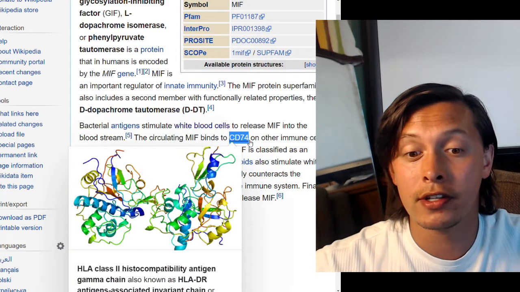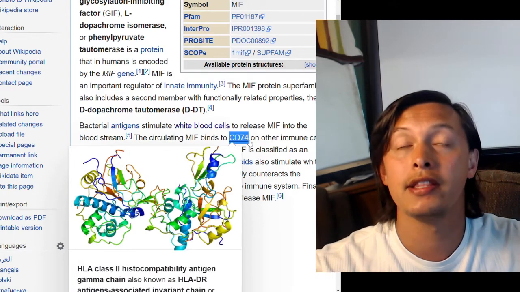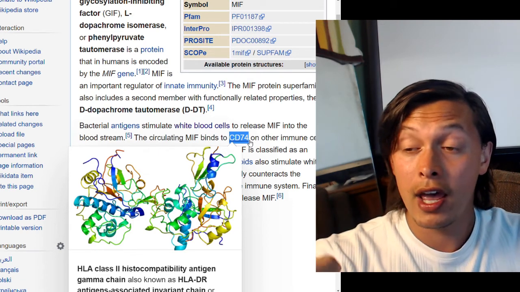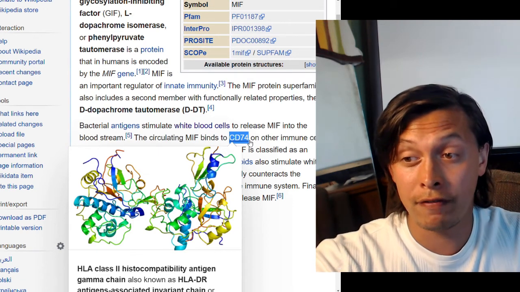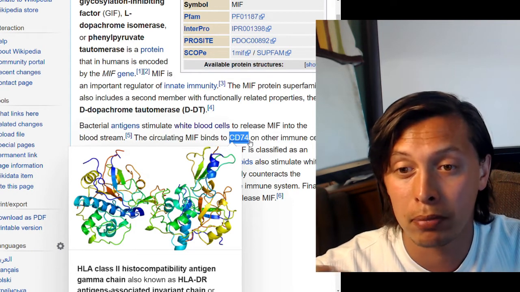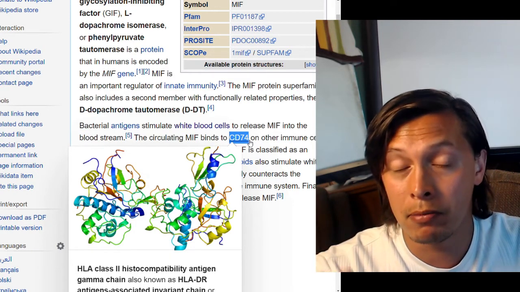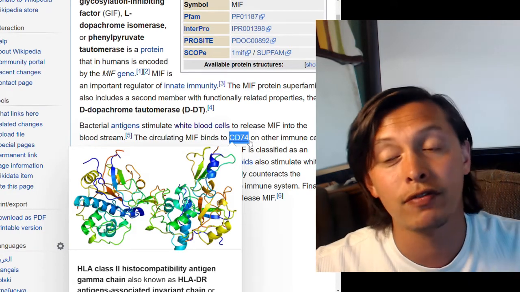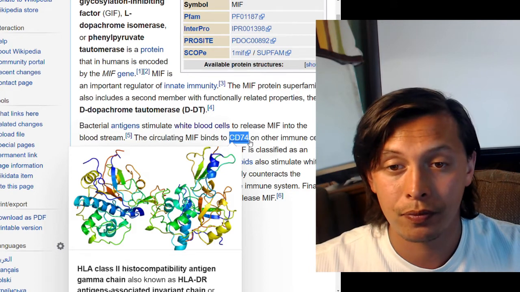So remember, this would be another type of protein that immune cells can express. And if you were to read a CD74 plus immune cell, you would therefore know that it is expressing the CD74 receptor, right?